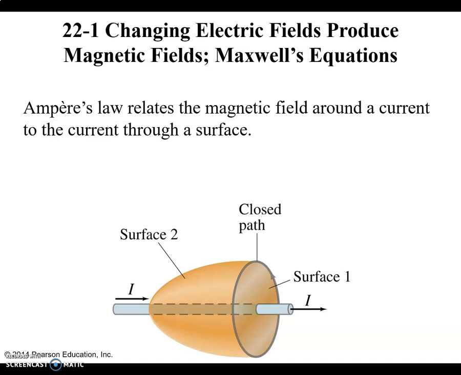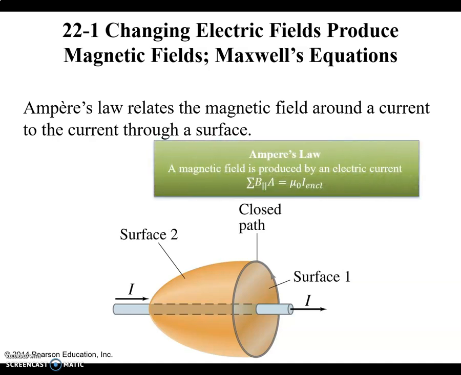So let's illustrate Ampere's law this way. Imagine you have a current in a wire that's moving to the right in this figure. Ampere's law states that a magnetic field is produced by this electric current. Ampere's law allows us to calculate that magnetic field using the equation given by his law. Mathematically, the calculation would work regardless of the surface you choose to calculate around.